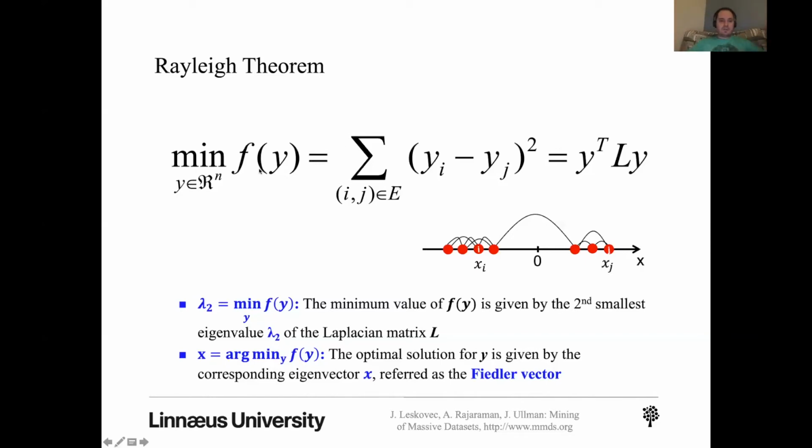This is what the minimization problem here is trying to do. Again, just to restate this, we're going to put all these nodes into a line, and we're going to minimize their position in this line such that nodes that are connected by edges should end up being close together, and so that the sum here of all the differences between them is the minimum possible, right?